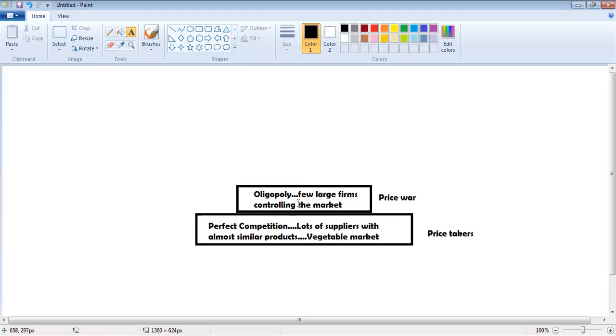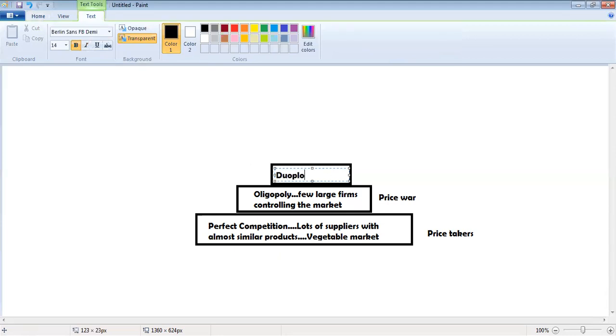That is why this might be illegal in some countries. We might discuss it later, don't worry. Anyway, now we go one step higher, and we might call this duopoly.